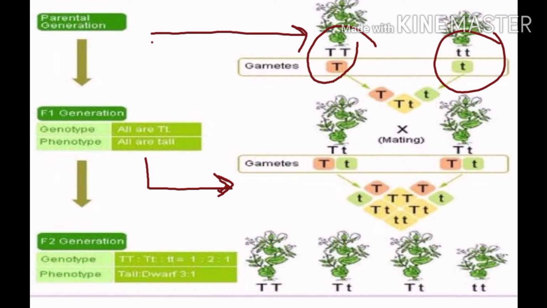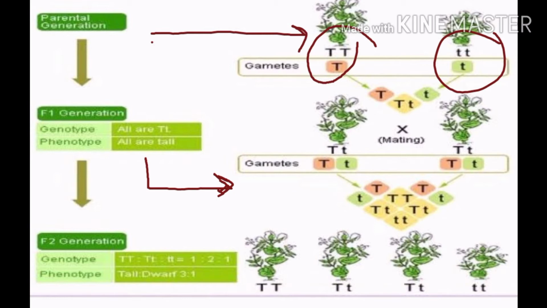This tall and short ratio was 3 is to 1. Out of 4 plants, 3 were tall and 1 was short. So the phenotype of the F2 generation is in the ratio of 3 is to 1, 3 tall plants and 1 short plant.